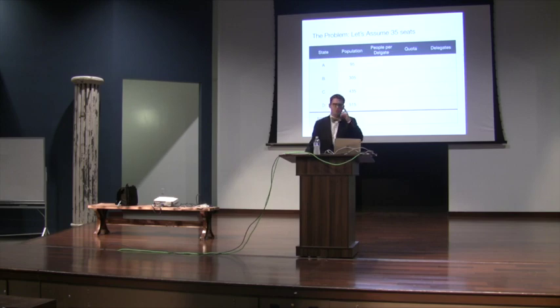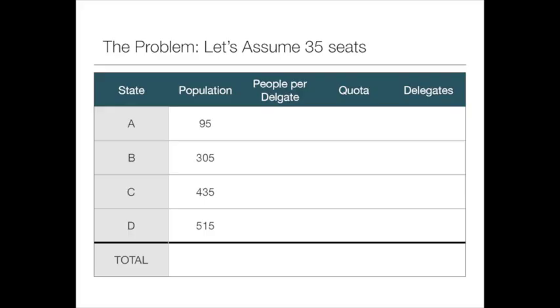So can you take about 30 seconds, add up the population, and find me the people per delegate? That should be the same, by the way, for all 4 cells. I want people per delegate in the country.